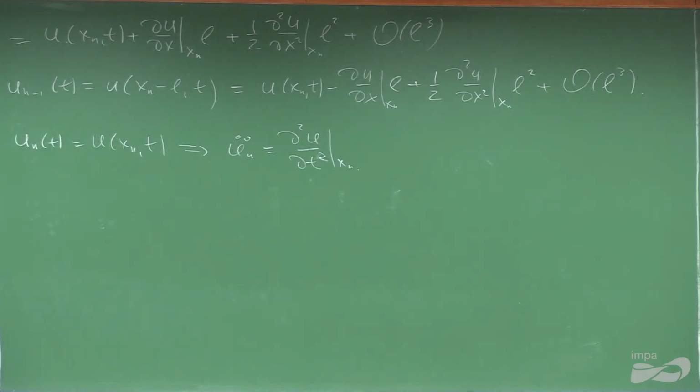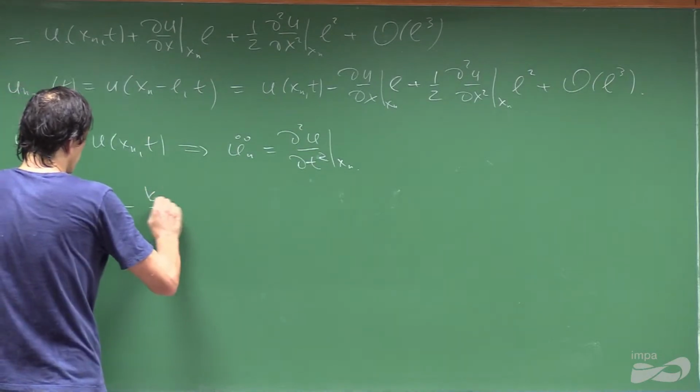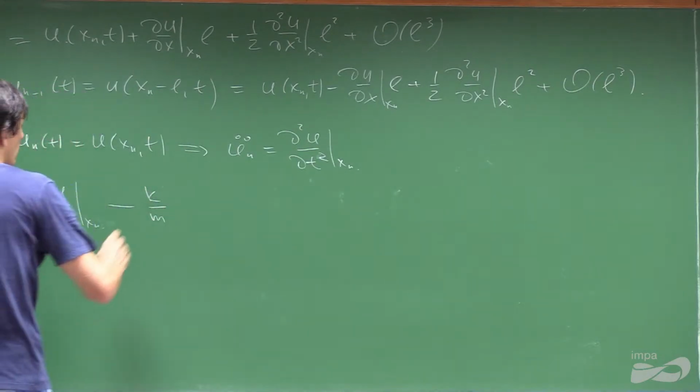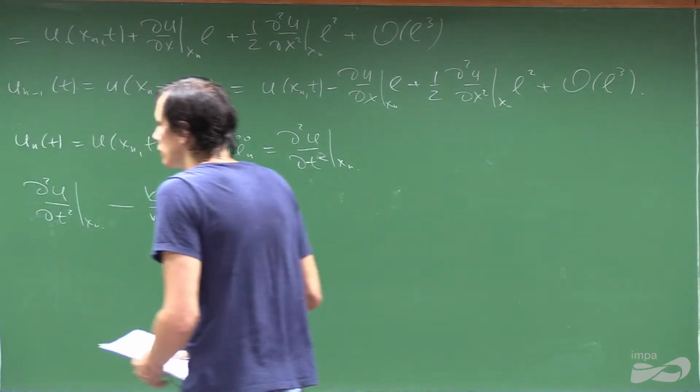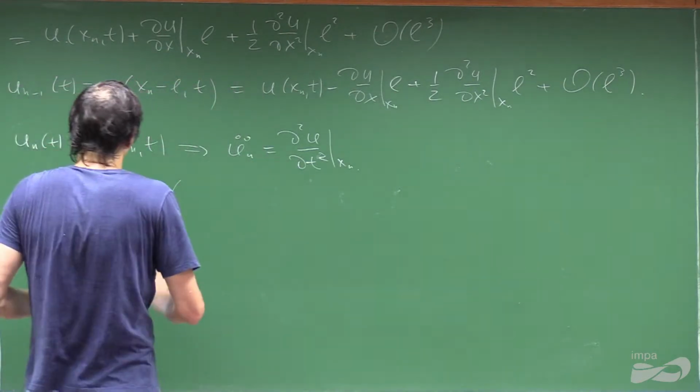And then we put everything in the equation. So you get the second derivative of u minus k over m. And then what you put inside, let's put it in.